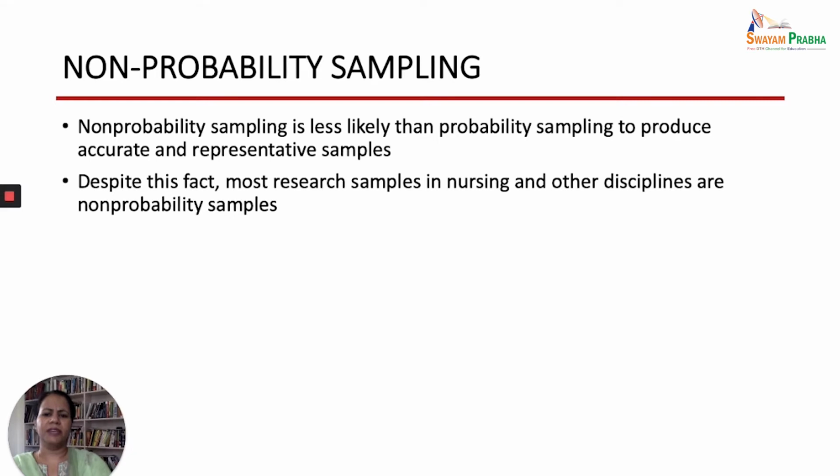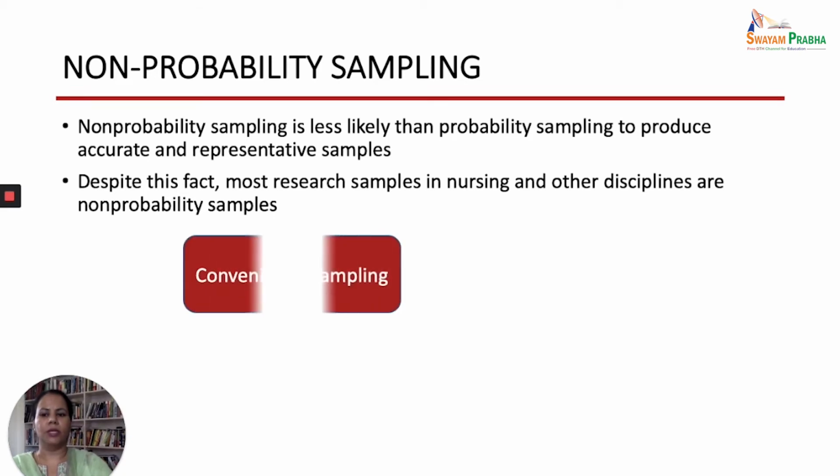But despite this fact, most research samples in nursing and other disciplines are non-probability samples. Usually in nursing, psychology or social sciences, mostly we go for non-probability sampling because it is practically possible. It is feasible. Many times there are so many constraints to go for probability sampling, and then we go for non-probability sampling techniques only.